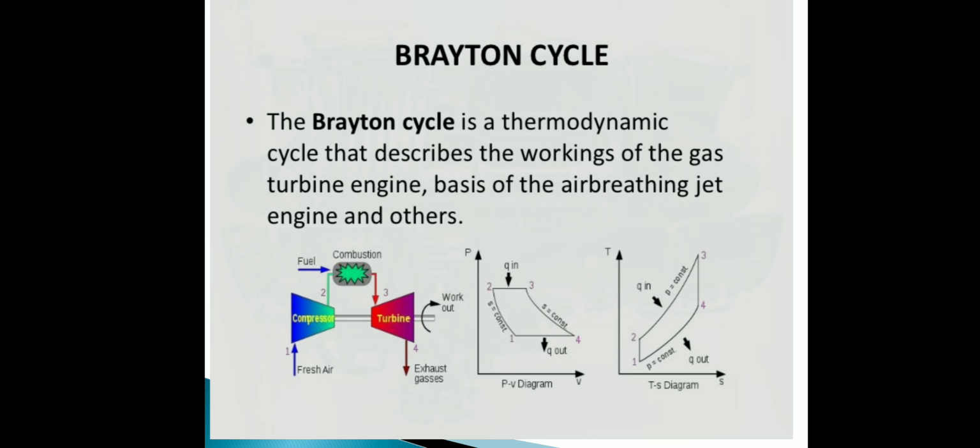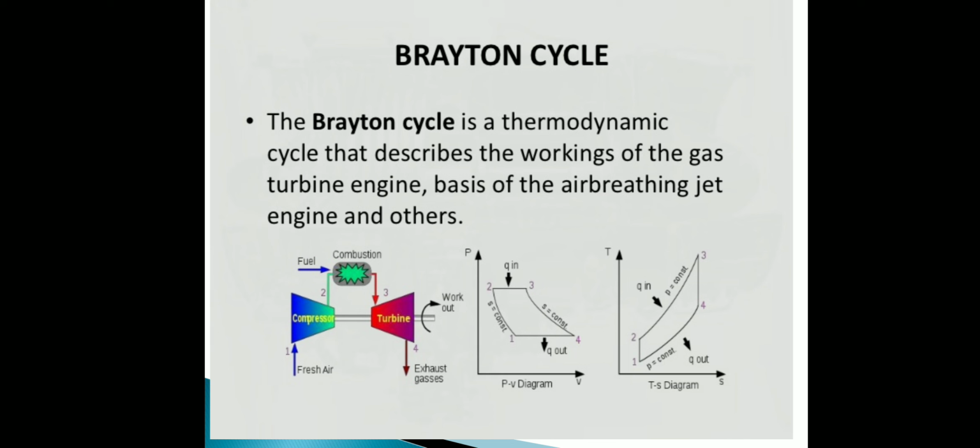In the graph we can see that fresh air is admitted to the compressor, then the compressed air goes through the combustion chamber, and in the combustion chamber fuel is also ignited. After combustion the pressure of the gas increases. Due to that gas pressure, turbine rotation takes place and we get work. After that the exhaust process also takes place.